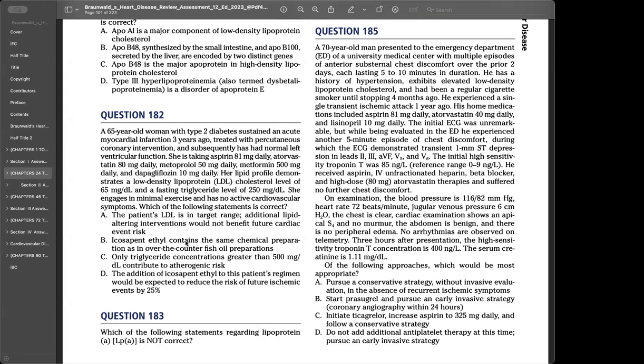ECG at presentation showed transient ST segment depression in inferior lateral leads. The troponin increased from 85 at presentation to 400 nanograms per liter. This will meet the criteria for non-ST segment elevation myocardial infarction.